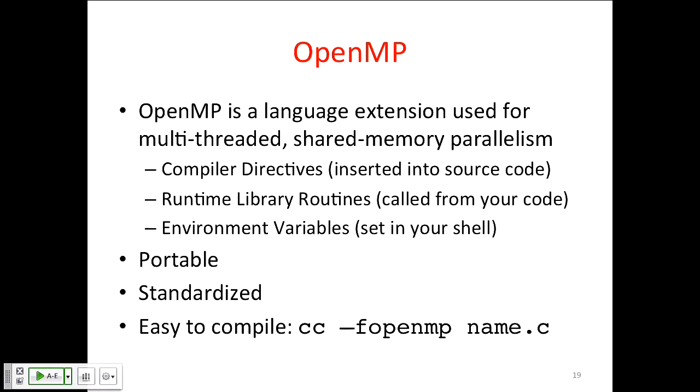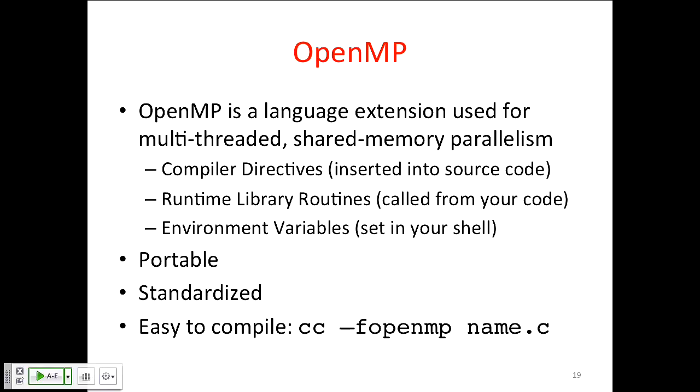There are three things it adds to C, three categories of things. One is compiler directives that you insert into your source code to tell the compiler how to break things up into chunks to run different processes. There are runtime routines, functions you can call from your code to set certain things up or to interrogate the machine about what's going on. So there's a set of library calls you can make.